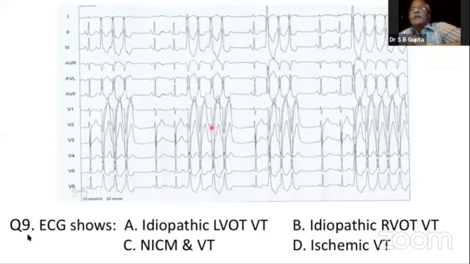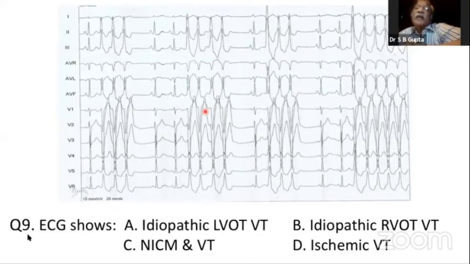Again, the history is not there, and likely the patient should be a young patient having this sort of tachycardia, hemodynamically stable, and because the pattern is like a left bundle branch block type of pattern, this is coming from the right ventricle, and usually this sort of tachycardia is seen in idiopathic right ventricular outflow tract ventricular tachycardia.